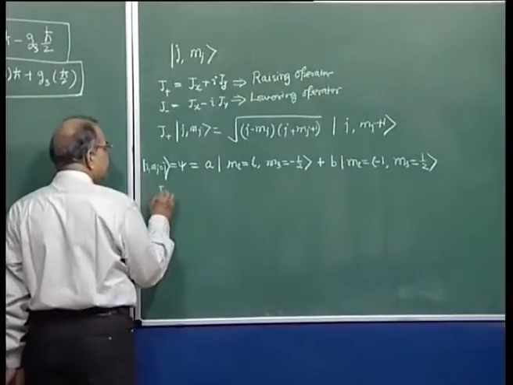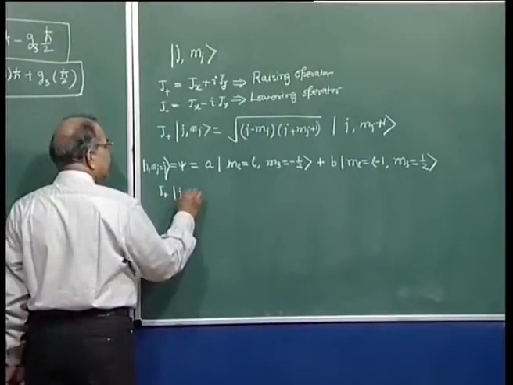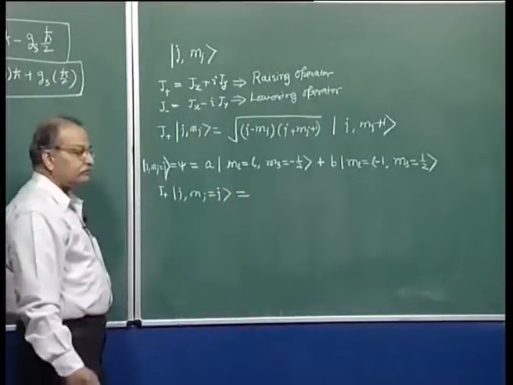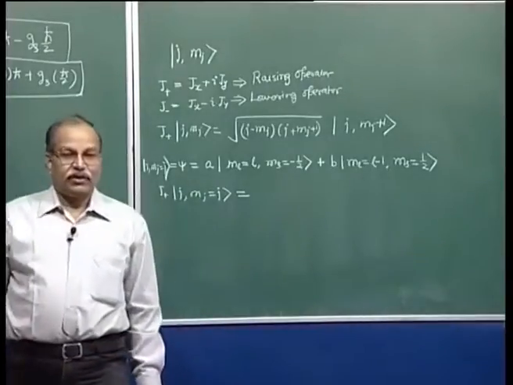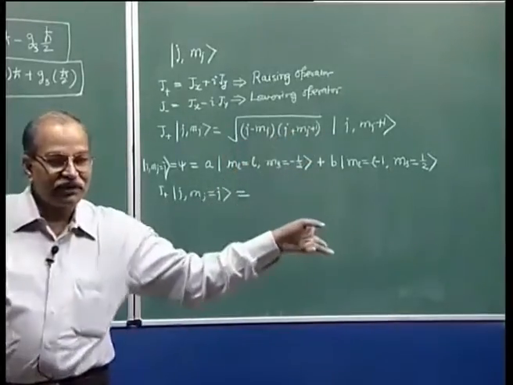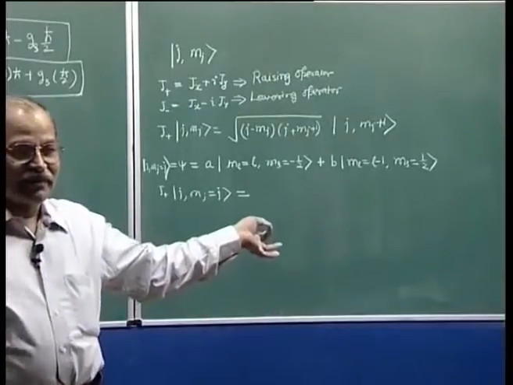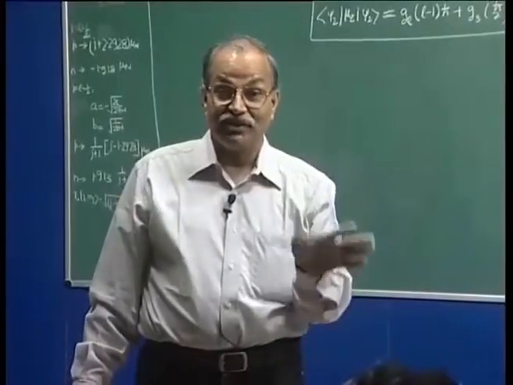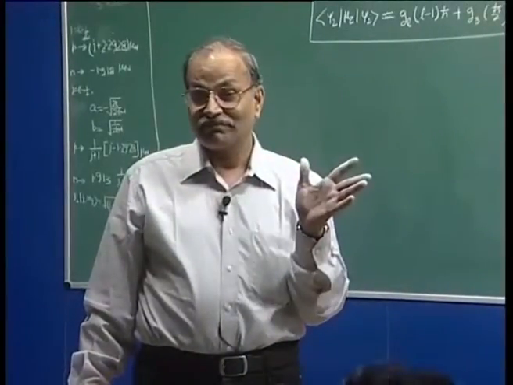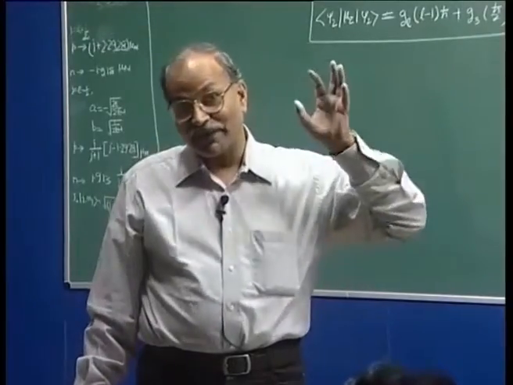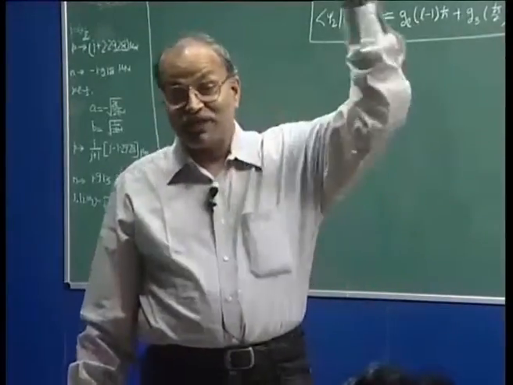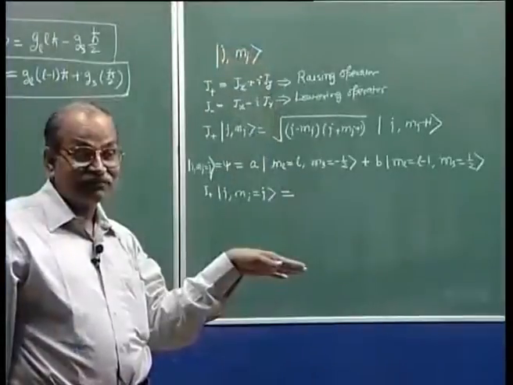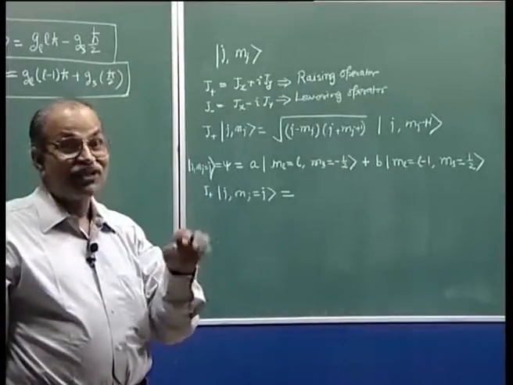So the left hand side is j plus applied on |j, mj equal to j>. How much is this? You can look at the equation and work it out, or you can just remember this: mj has its highest value, mj equal to j, it cannot go up. So the raising operator operating on it cannot increase the value of mj by 1 unit, because it is already at its maximum value.